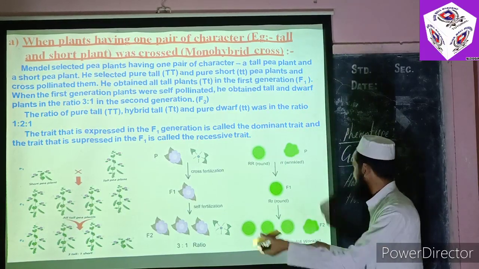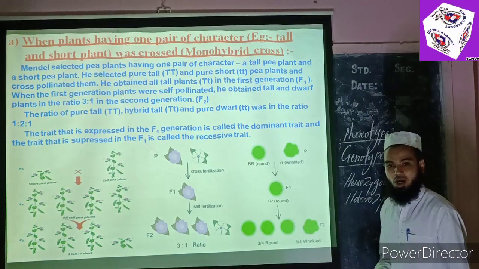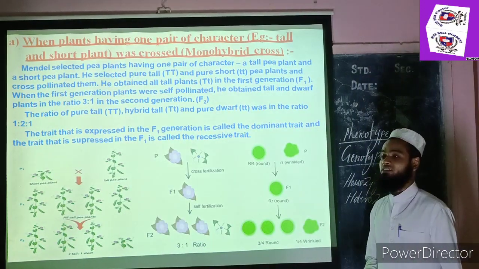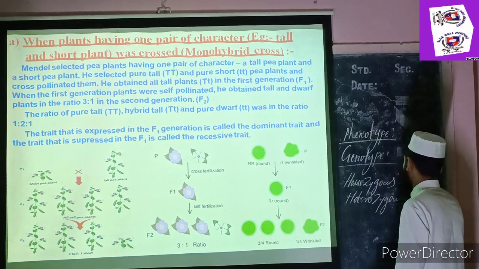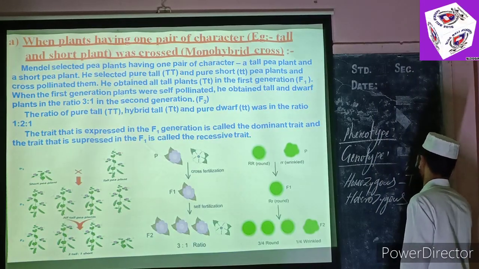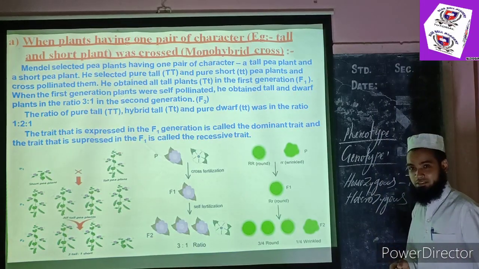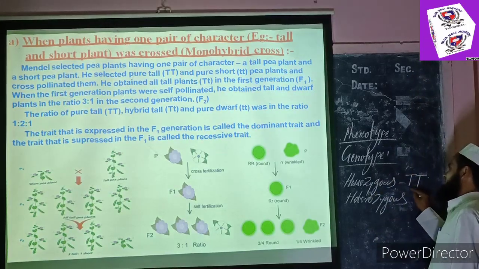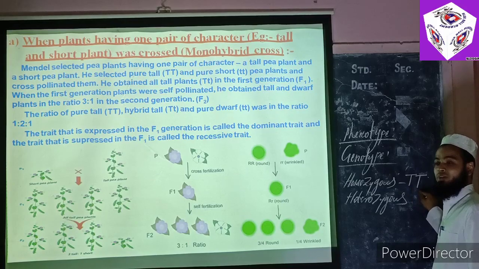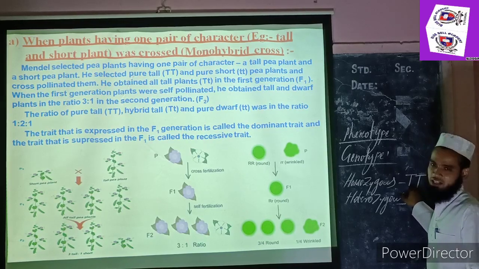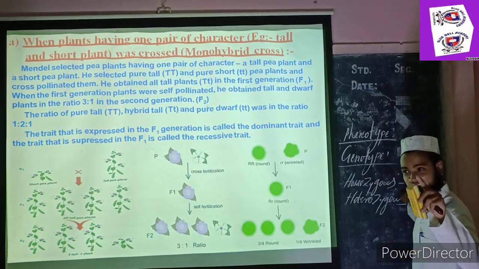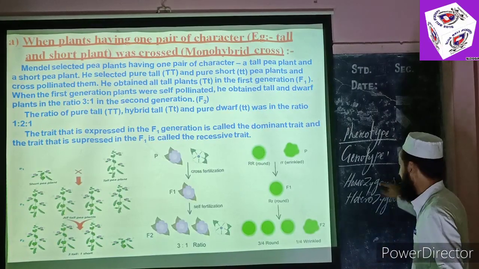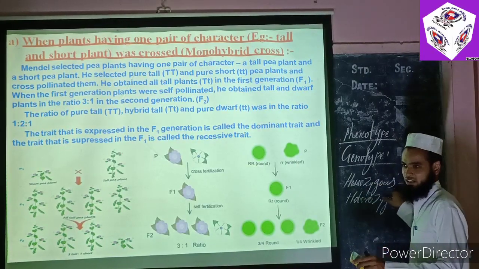For example, as I told you, one of the contrasting characters of the pea plant is tall. I will represent that using the capital letter T, that is TT. If the characters are represented by similar pairs of genes, then it is considered as homozygous.